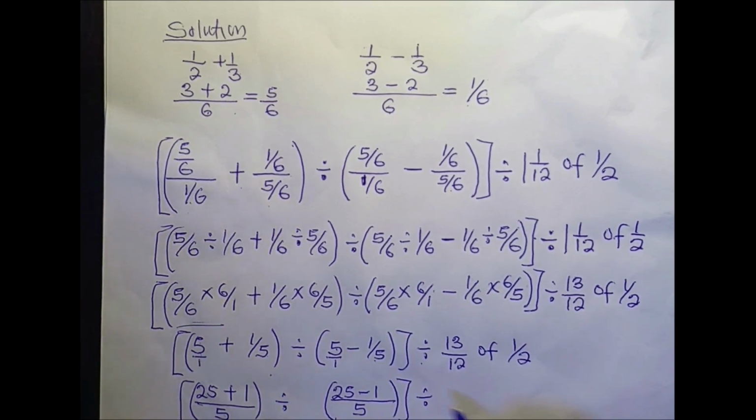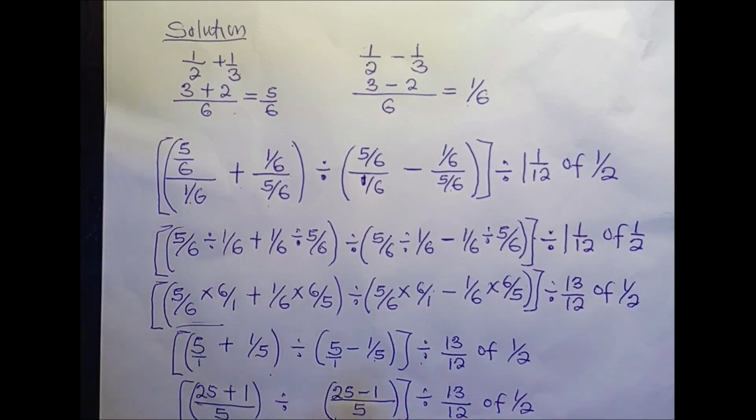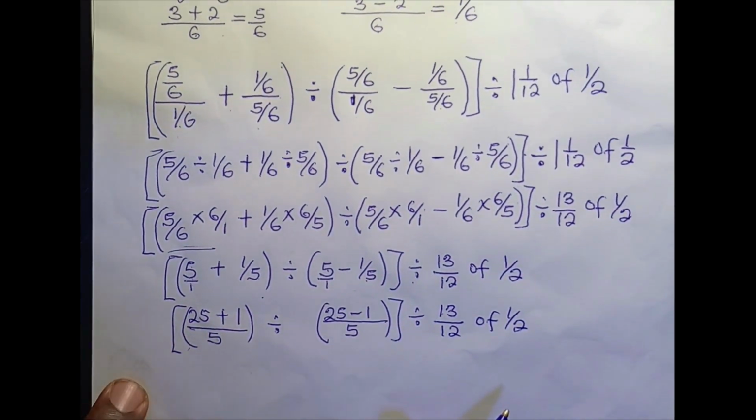Divided by 13 of half. We can write this one as 13 over 12 of half. We want to finish solving the brackets before we proceed to use other signs.